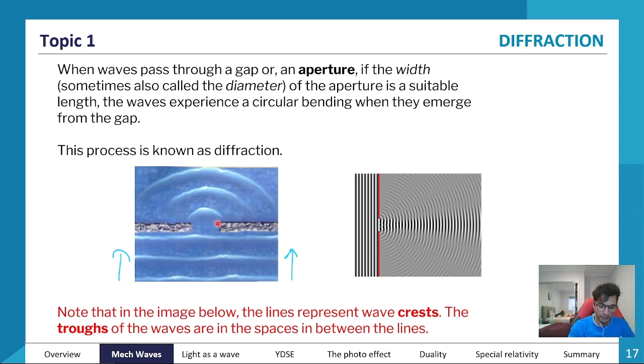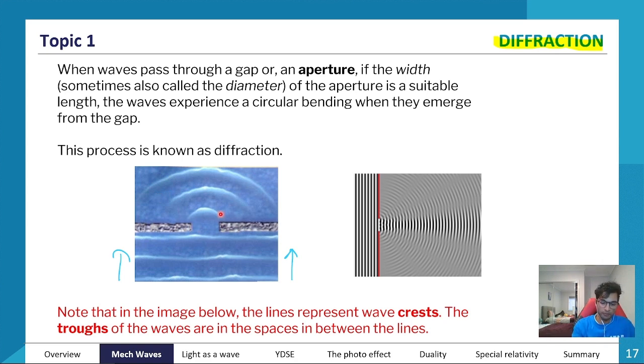You can see that this is the first wave, the second wave, and the third wave. They are spreading out in this sort of shape. And this spreading out effect is what we call diffraction. So this wave is being diffracted and it's spreading out after it passes this gap.